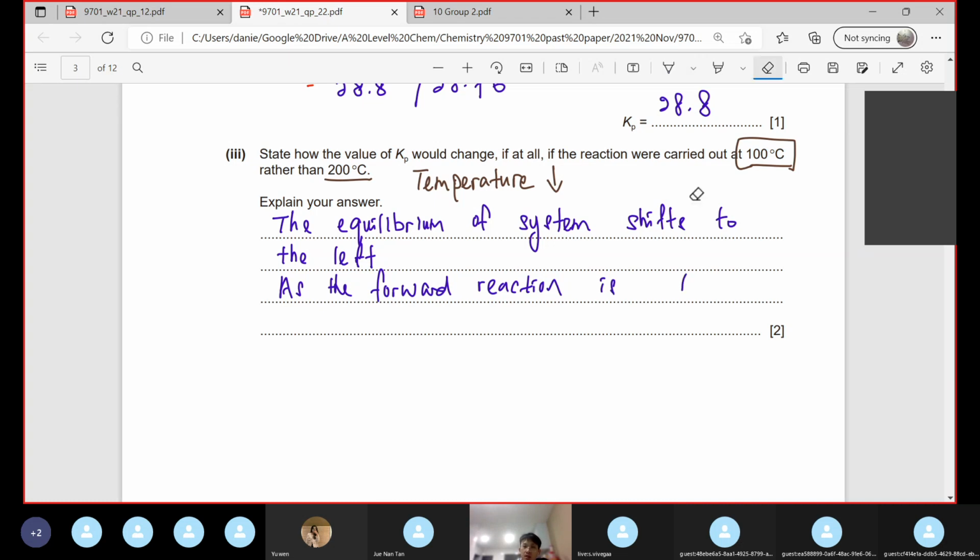Sorry, endothermic, not exo. Then here you also need to consider the value of the Kp.